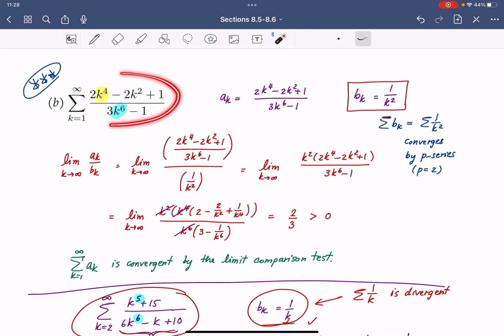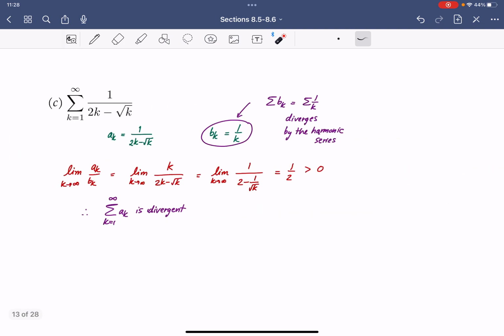You're going to see something like that, and then you need to pick a b_k that is smart enough so you can compute a_k over b_k easily, take the limit here, and then make a conclusion. All right, that's part B and C.